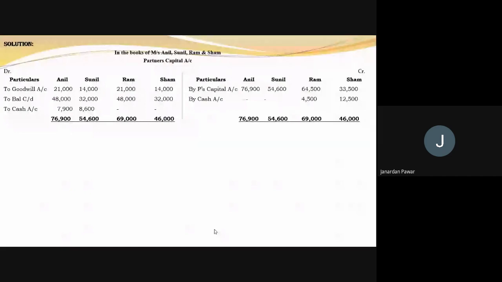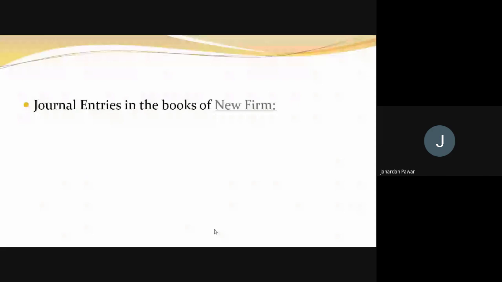Then the next point that you can see on your screen, the journal entries we have to prepare in the books of the new firm.